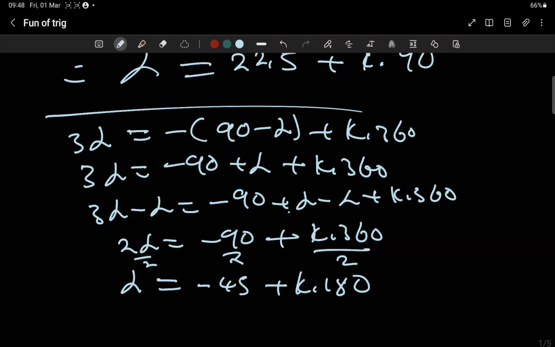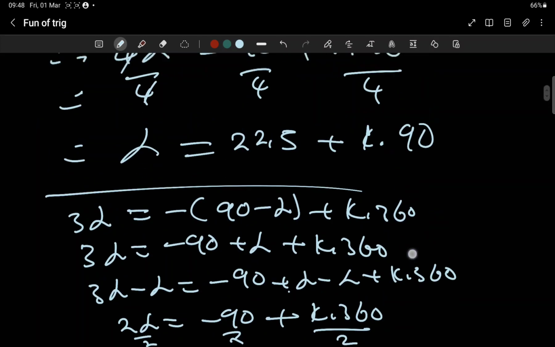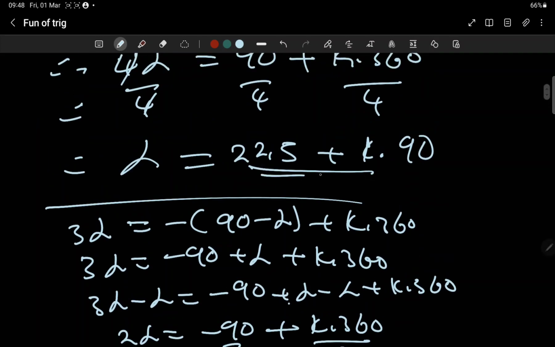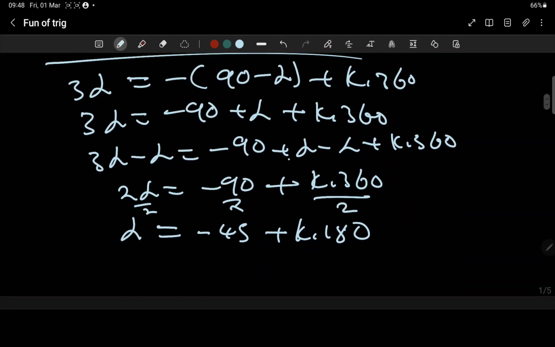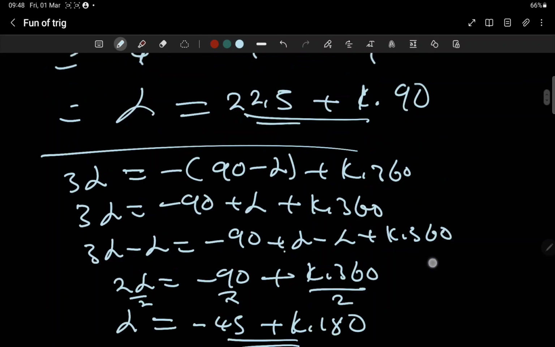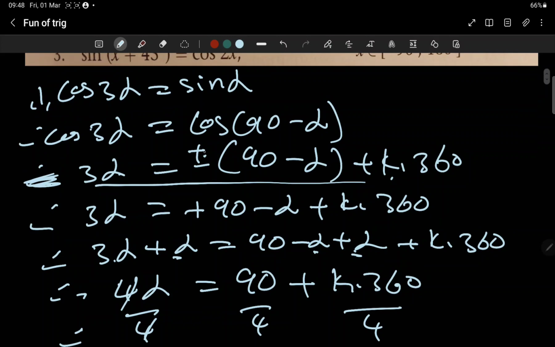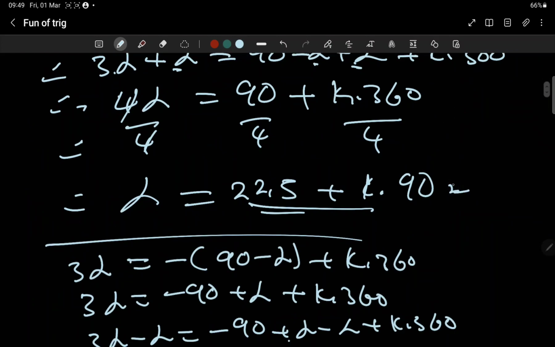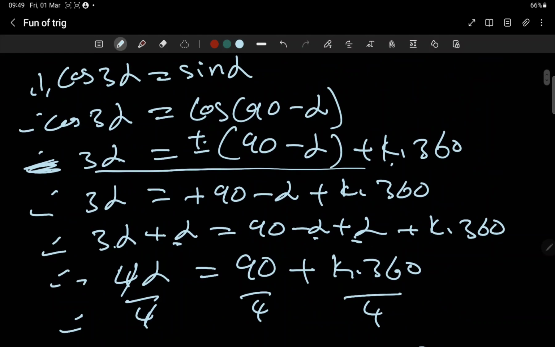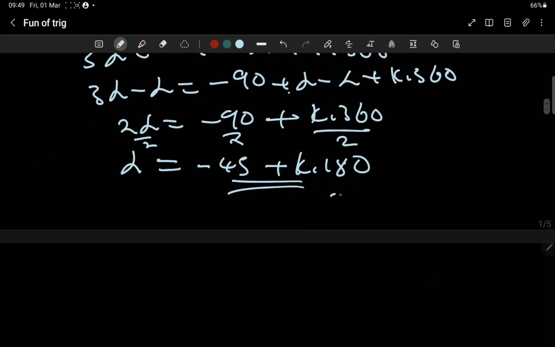Okay, at this stage we have both solutions. This is the first solution, the positive one. This is the solution for the other. I'm talking about the solution where we used the positive sign, we got this, and the solution where we used the negative sign, we got this.